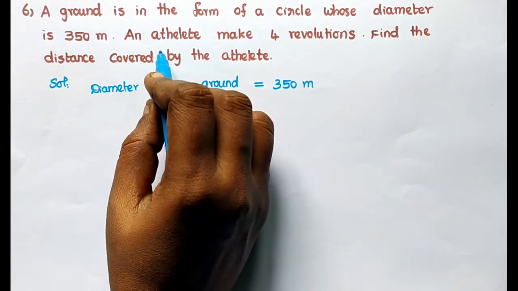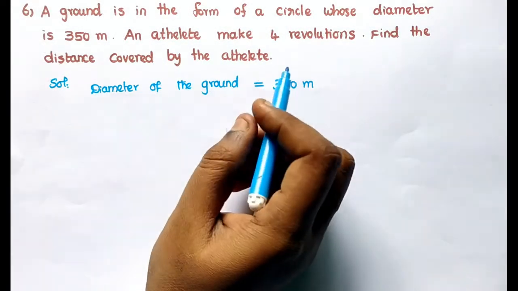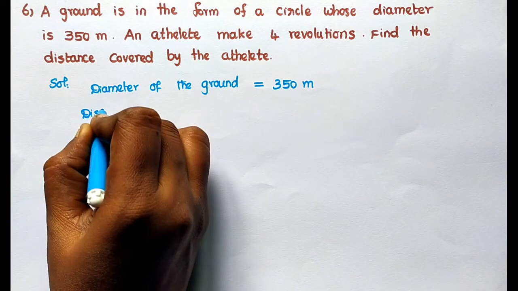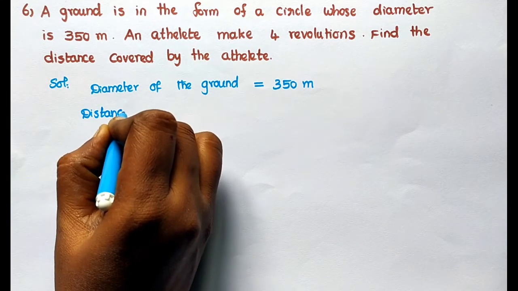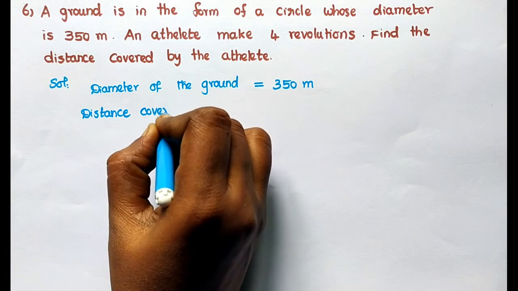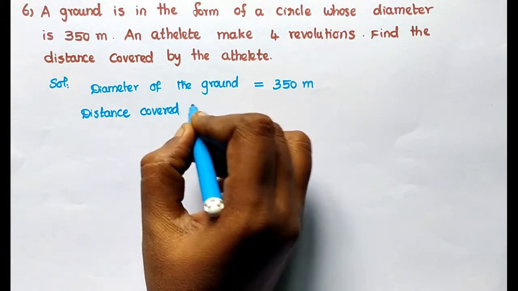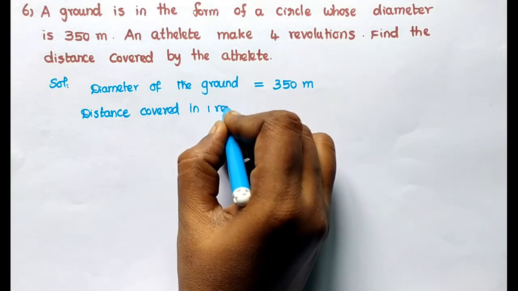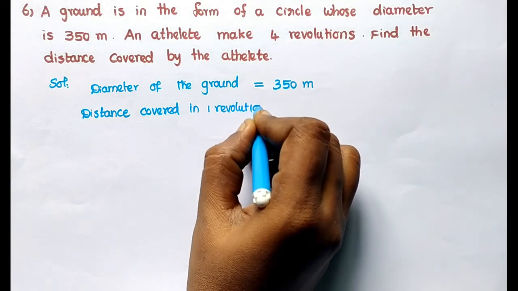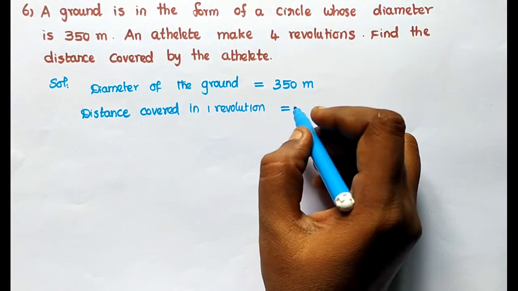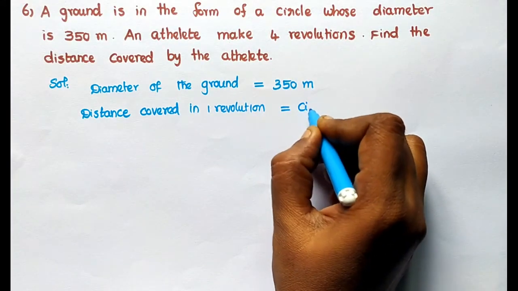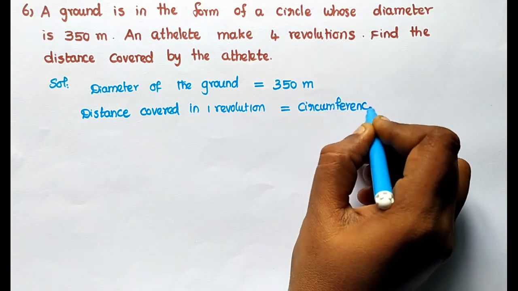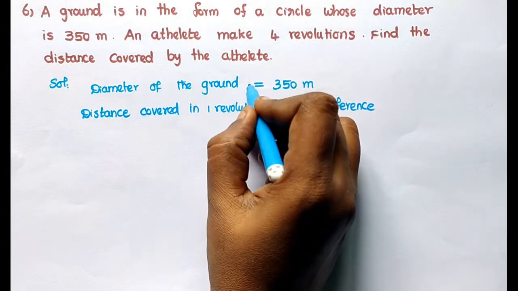So the athlete makes 4 revolutions. Distance covered in 1 revolution. Revolution means rotation or circumference. So circumference. Here they gave diameter.